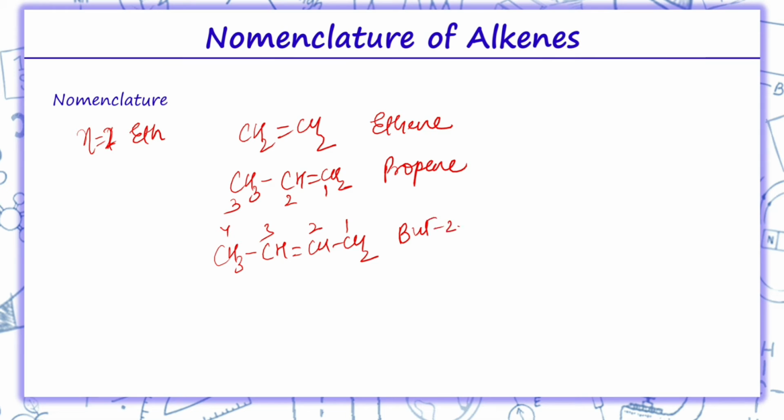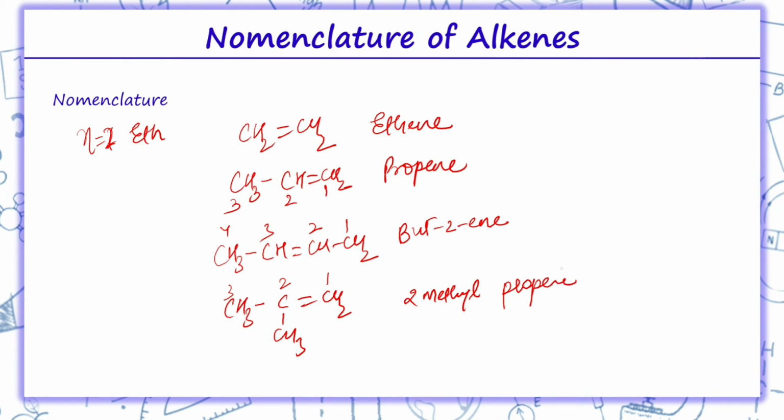CH3CH=CHCH3 has 4 carbons and the double bond is at the second carbon, so it will be written as butene. Then CH3C(CH3)=CH2, counting is done from the carbon where there is a double bond, 1, 2, 3. In the second position there is a methyl group, so it is 2-methylpropene.